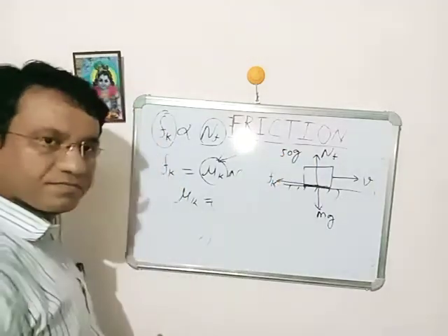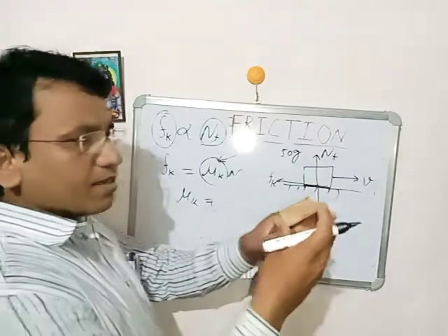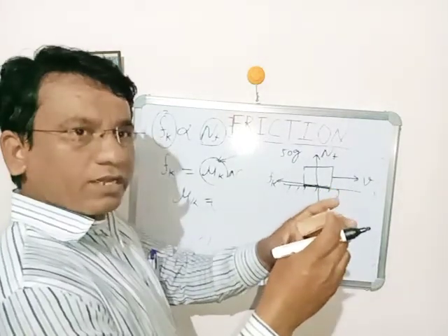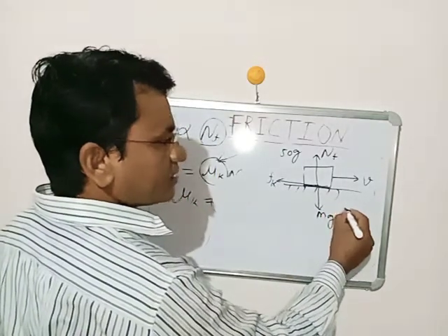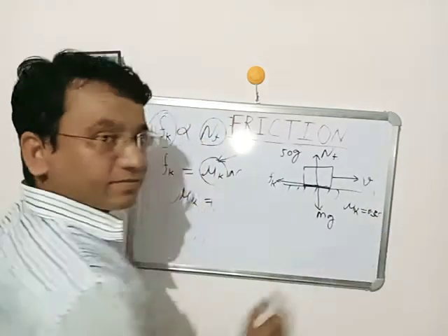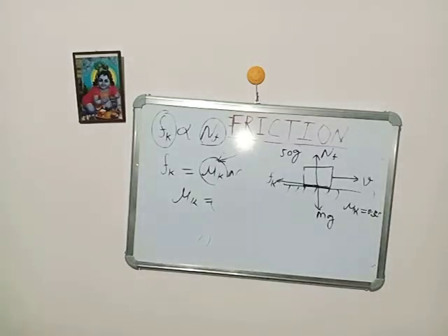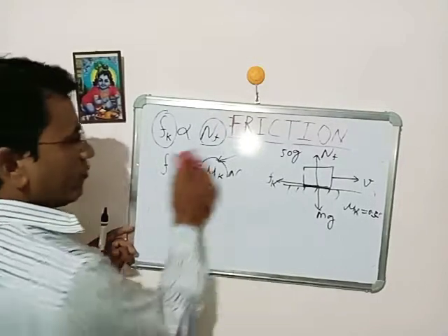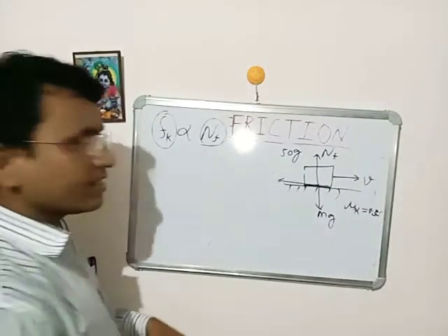Now suppose that block has a mass of 50 gram, and here I am taking a block of wood. So for wood, the friction coefficient mu k is 0.35. If you put in that value, what will be the kinetic friction force?